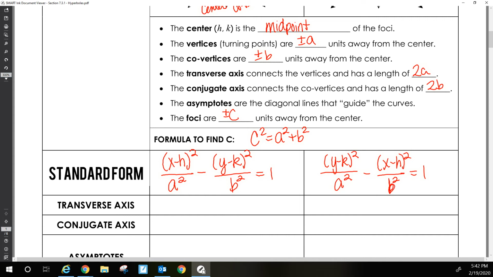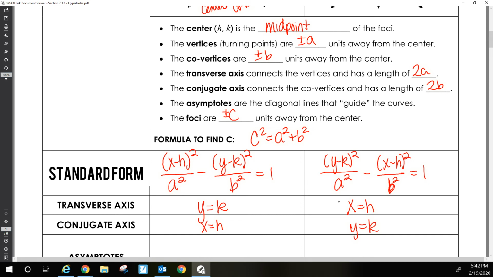All right, our transverse axis is always going to be y equals k for horizontal, or x equals h if we are vertical. Our conjugate axis is going to be the opposite of that: x equals h for horizontal, y equals k if we are vertical.